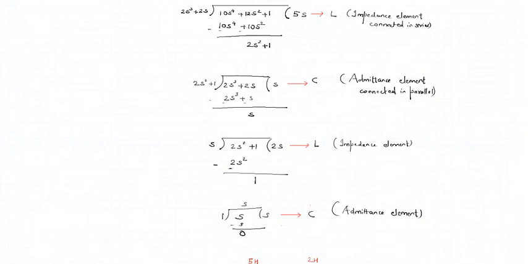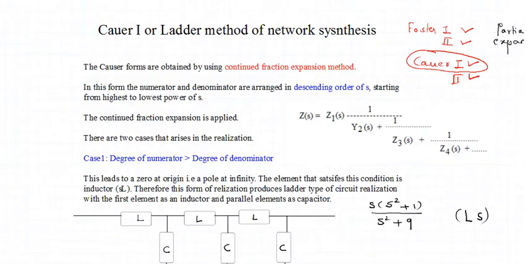For that we need to look at one more important characteristic of the Cauer form. Whenever we divide the driving point impedance, the first element which is obtained by division is the series impedance. The second is always the shunt admittance. The third is again the series impedance.